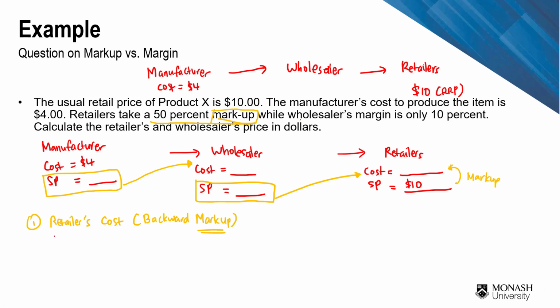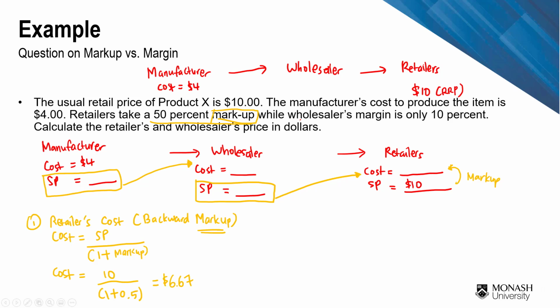So the cost will be equal to the selling price divided by 1 plus the markup, so the cost will be equal to $10 divided by 1 plus 0.5, and that's going to be $6.67.